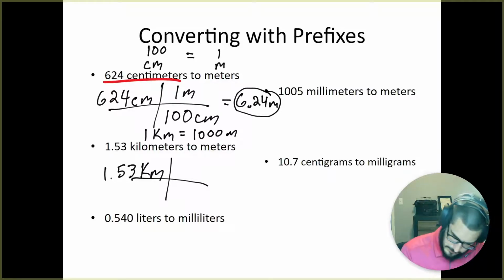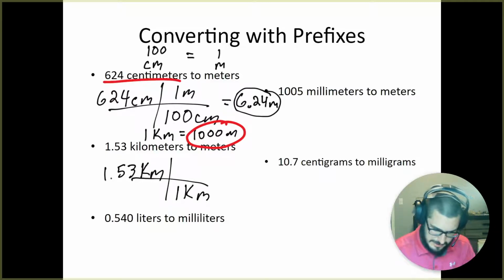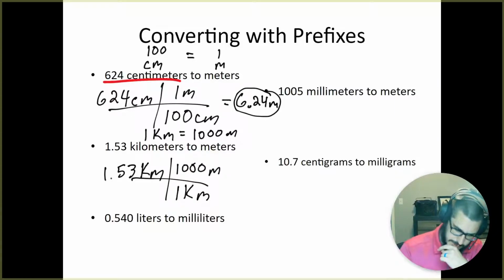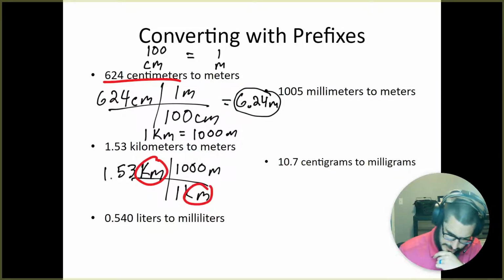And so that same thing, I want the kilometer on the bottom, so that kilometer will cancel. So 1 kilometer on the bottom, which means that 1,000 meters goes on the top. And because we've got kilometers on top and bottom, those are going to cancel here, leaving us with meters, which is what I wanted.